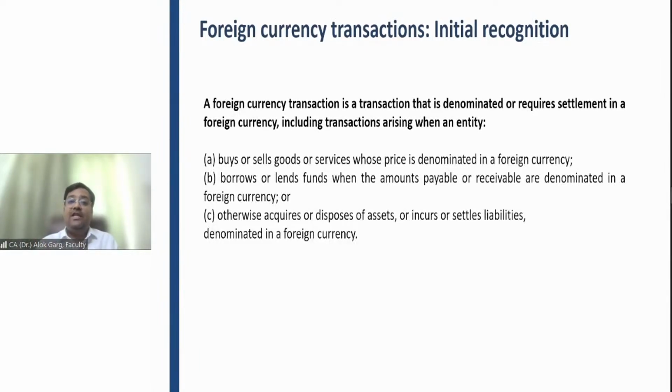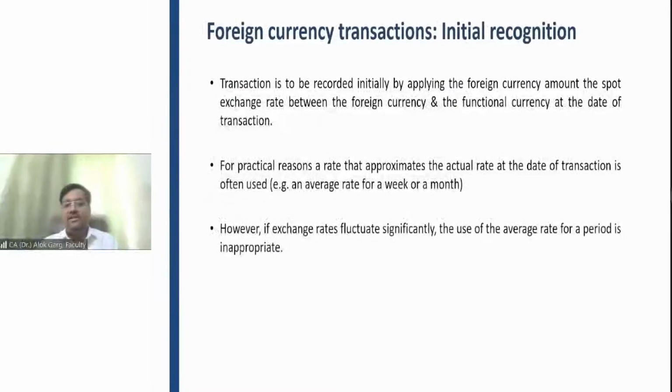Spot rate means the spot rate on the date of the transaction. What could be the spot rate on the date of the transaction? For example, today the spot rate is 80 rupees.